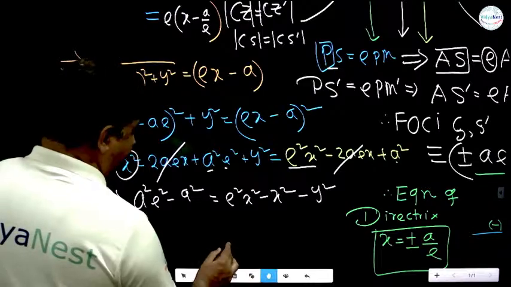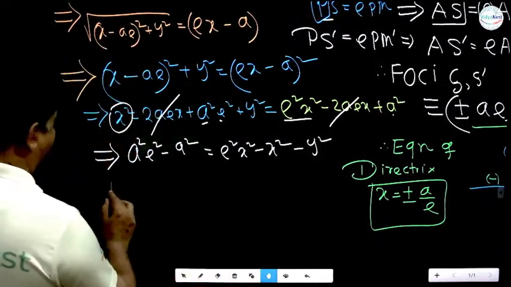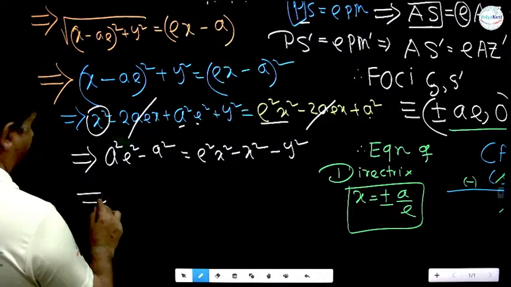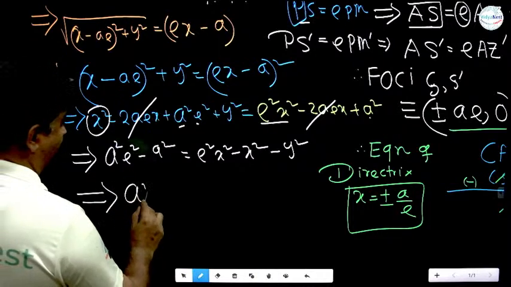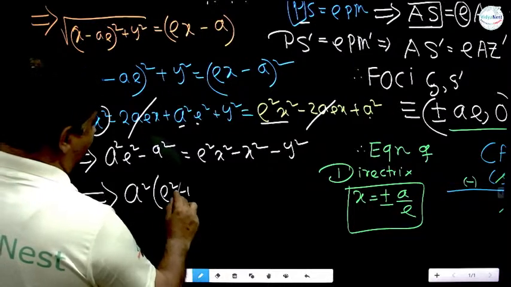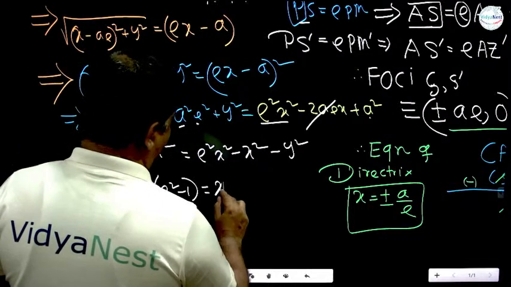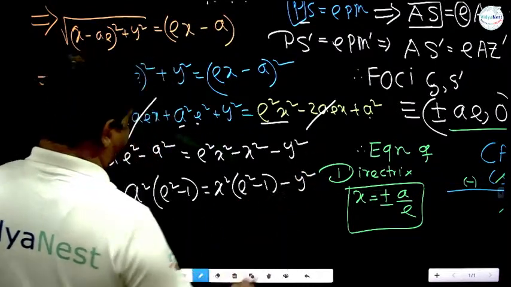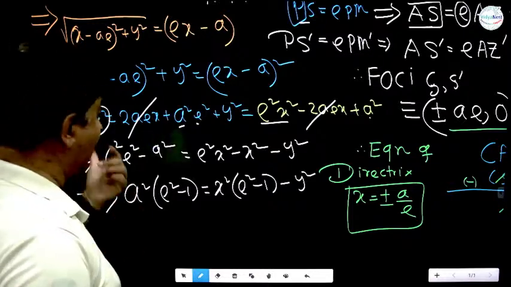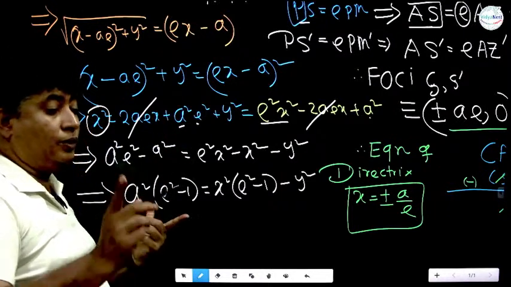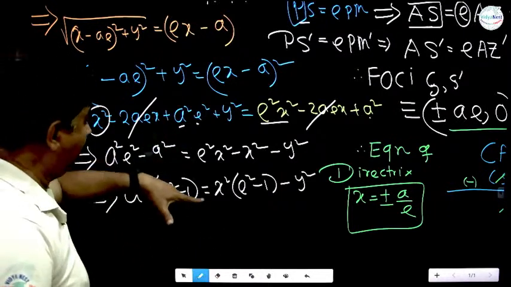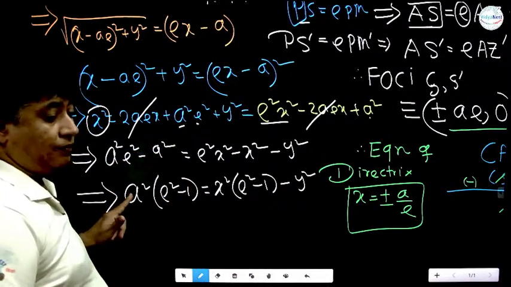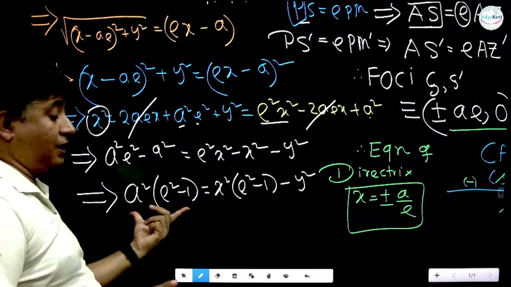From here I can take what common? A square. E square minus 1. From here I can take x square common. So like ellipse, our aim will be to bring a 1 in place of that constant term. How to bring 1 over here?